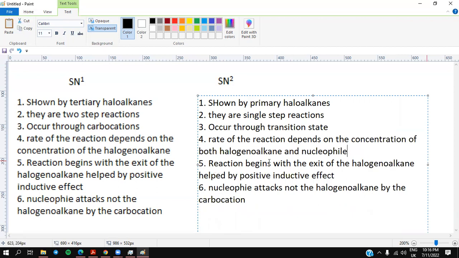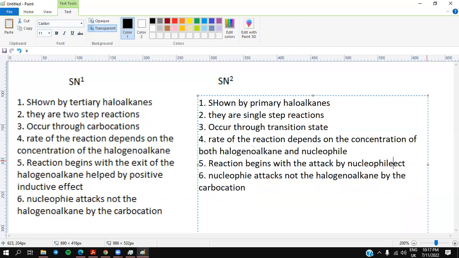Number 5, reaction begins with the attack by nucleophile. Nucleophile attacks the halogenoalkane.